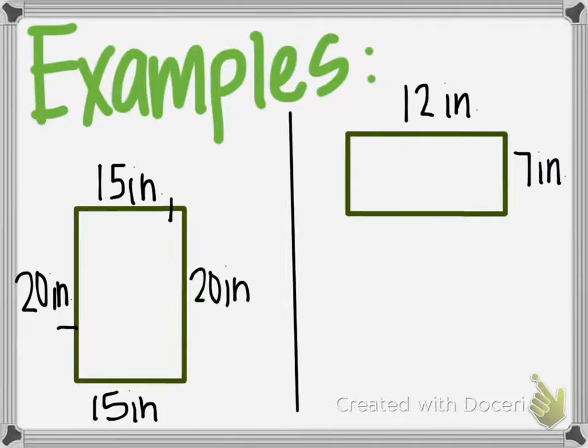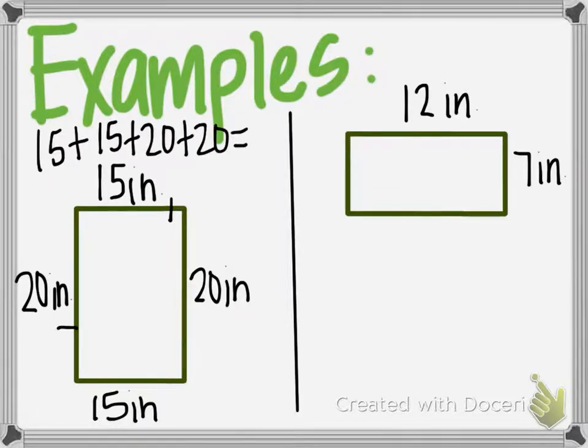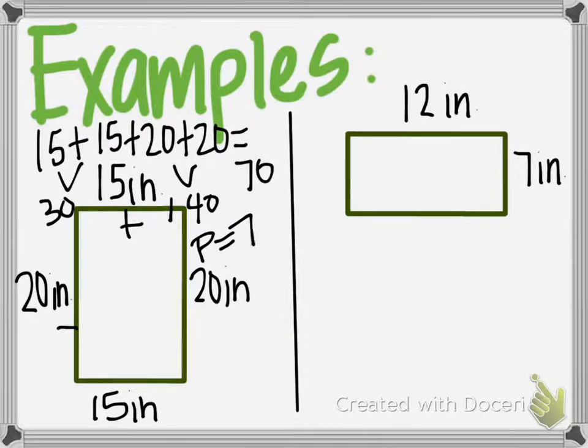Again, students will add all known side lengths, so it would be 15 plus 15 plus 20 plus 20. 15 plus 15 is 30, and 20 plus 20 is 40. So 30 plus 40 equals 70. So the perimeter here would be 70 inches.